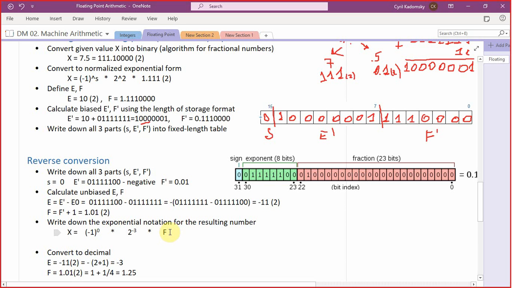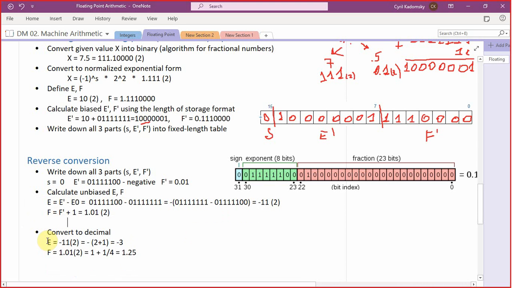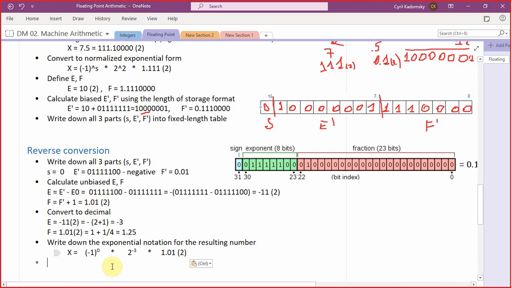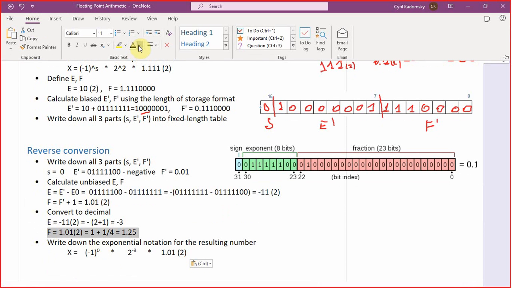And fraction is, I will for now write it down in binary. I have used the decimal value for exponents, so let me put it at the bottom, so it will be just sequential. Actually, we may skip this step even. I will mark it as gray.